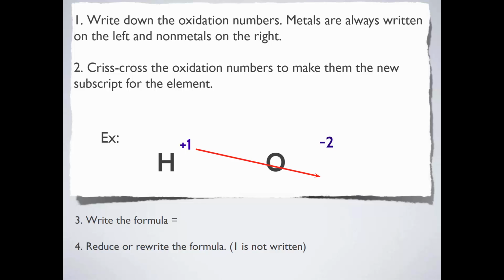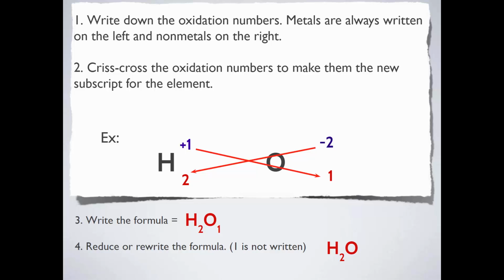So this 1 is going to go over here with oxygen. This 2 is going to go over here with hydrogen. And what do we get? H2O1. But in chemistry, if there's a 1, we just don't write it. And therefore we have H2O. That's why water has that formula: 2 hydrogens combined with 1 oxygen, and then they're all happy.